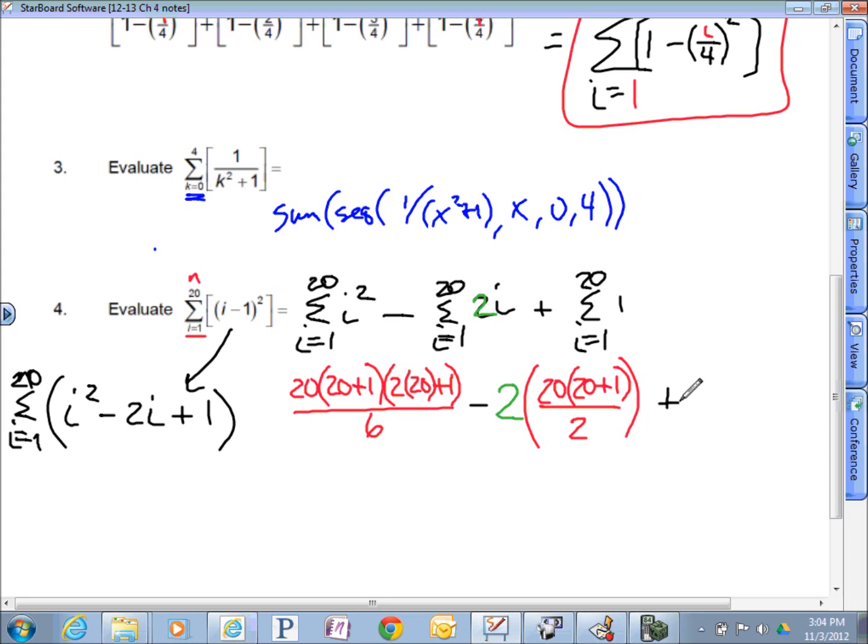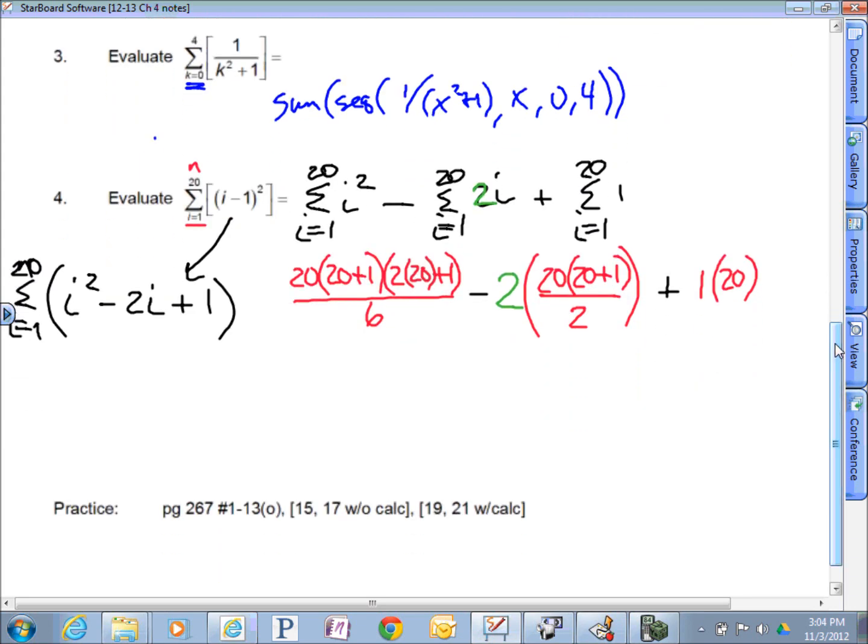Well, that's going to be 1 times 20. Now all we have to do is clean up that line and we're done.